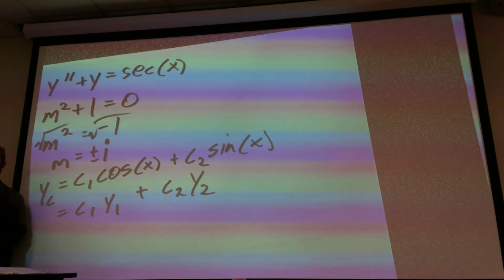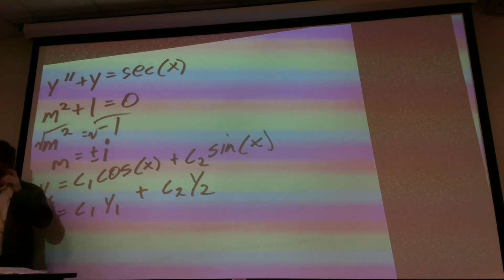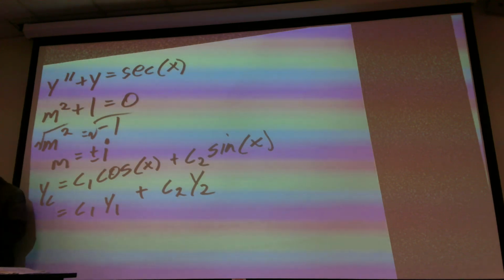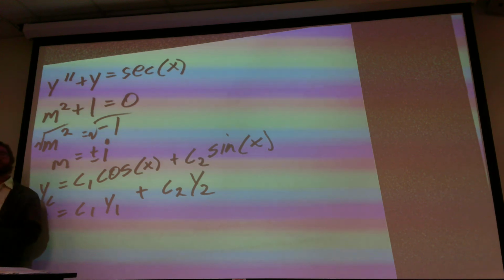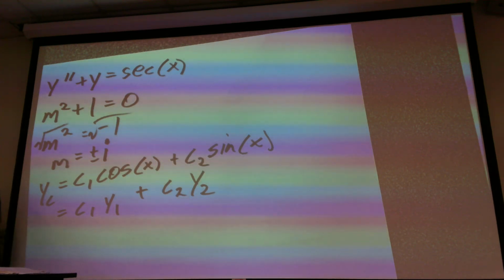Cosine and sine are my y1 and my y2. So now we have to figure out what w, w1, and w2 are, and then from those we're going to find u1 prime and u2 prime, and then integrate them to get u1 and u2 for the problem. So let's look at w first.